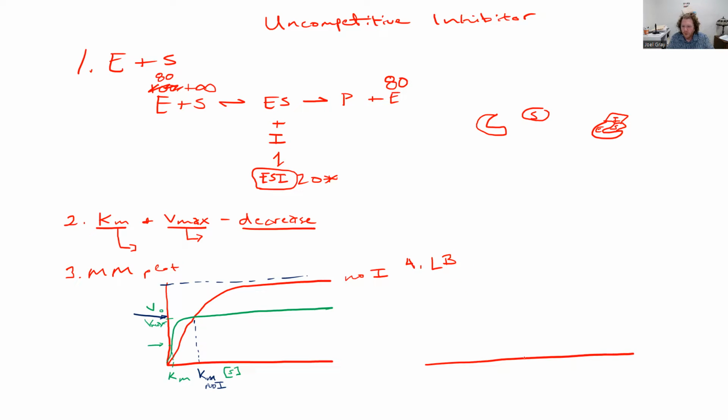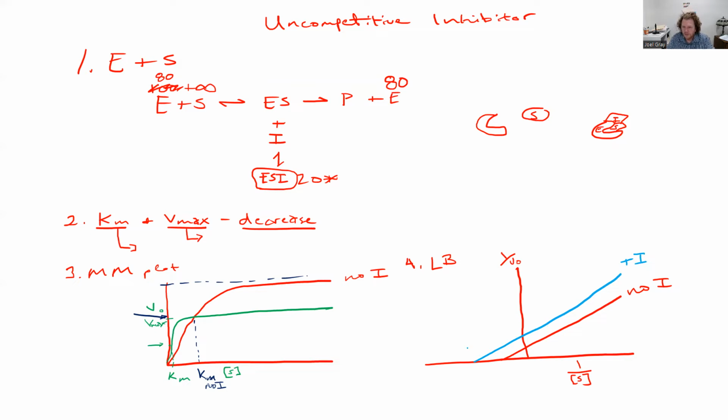If you remember, we look at this with our y-axis being 1 over initial velocity and our x-axis being 1 over substrate concentration. Well, in red, here's my no inhibitor. And I'm going to plot in, let's go with this baby blue, sky blue, the plus inhibitor.